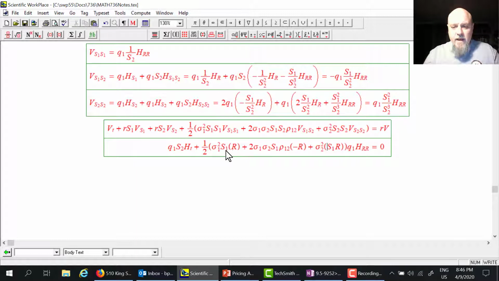That means I can factor an S1R out of these pieces. S1R.